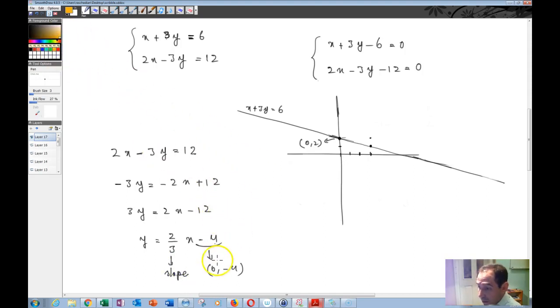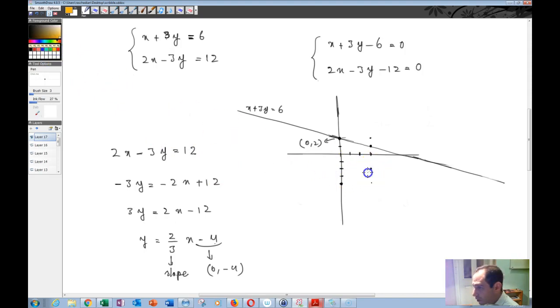So the point (0, -4) is basically 1, 2, 3, and 4, and that is 1 point on the graph of the line, and 2/3 would be the slope, meaning 3 units of run. If I take this point as a reference, 3 units of run gets me to here. Okay, 1, 2, 3 units, and then 2 units of rise. So 1 and 2, that gets me to this point over here.